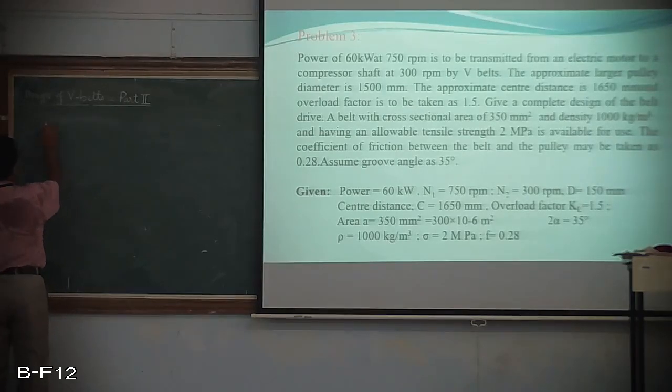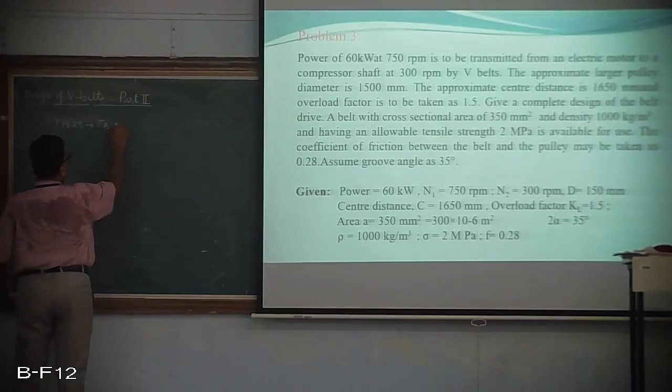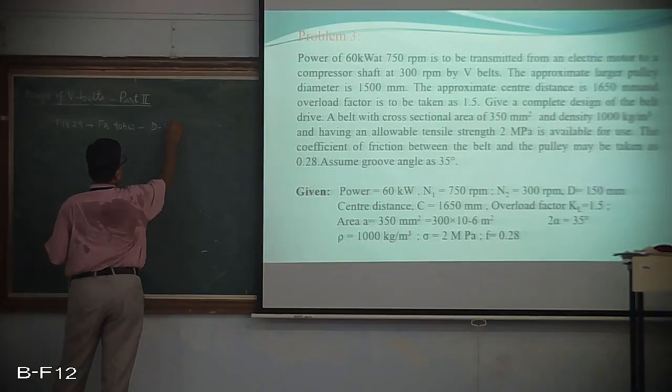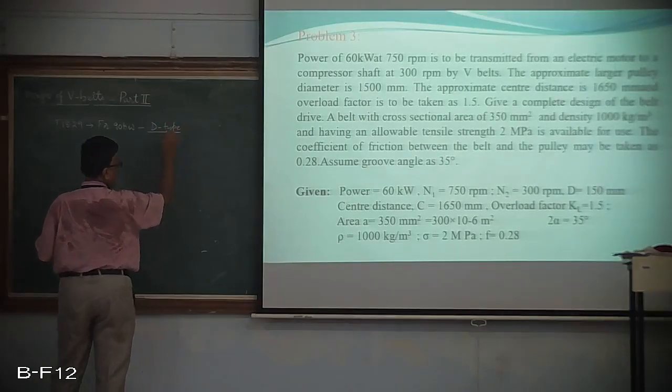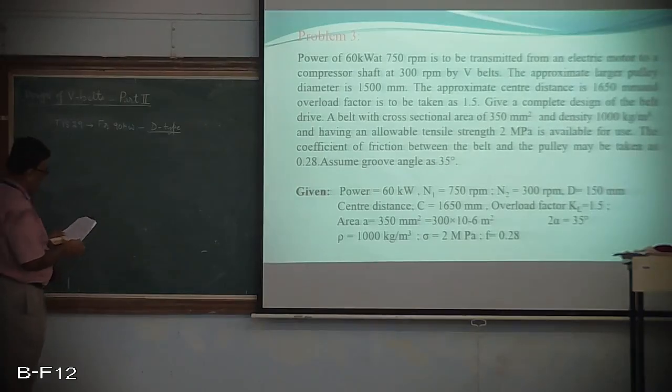As I mentioned, table 18.29 will tell you that for 90 kilowatt, D type is more suitable. This has to be mentioned to find the final pitch length of the belt. Now, first we will find out the pitch length of the belt.